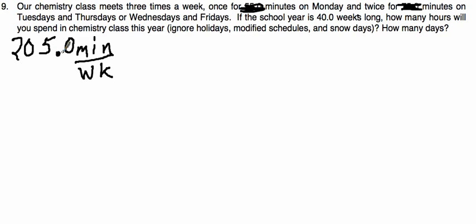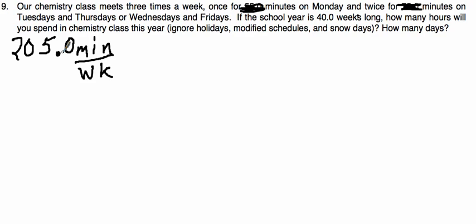If you remember your sig fig operation for adding numbers, addition and subtraction, you go to the number of decimal points. 75.0 has 1 decimal point, and so does 55.0. So you should express your answer to 1 decimal point as well: 205.0 minutes per week. Our starting information is now 4 sig figs wide.